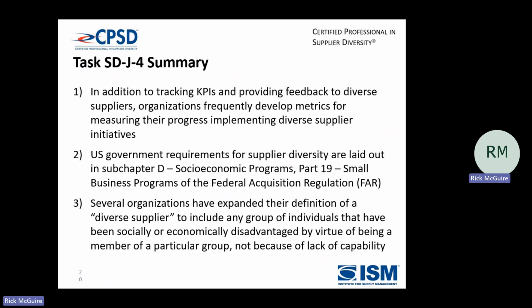Several organizations have expanded their definition of a diverse supplier to include any group of individuals that have been socially or economically disadvantaged by virtue of being a member of a particular group, not because of lack of capability. Bottom line, your organization's going to have to define what a diverse supplier is to you.